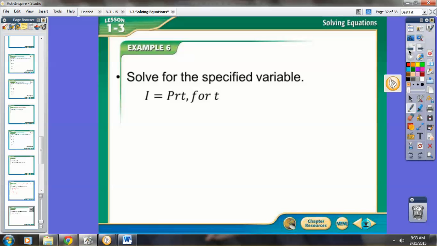I need to get rid of the P and the R. And we know what undoes multiplication here. Division. Now instead of dividing by P and then dividing by R, you can do it all at one time. Divide by P and R. T equals I over PR.